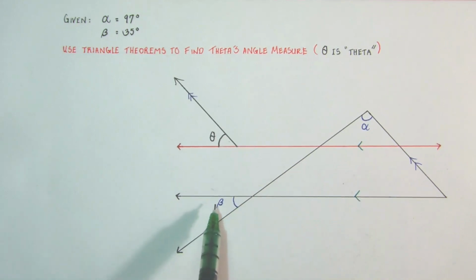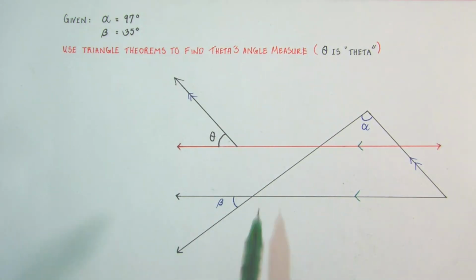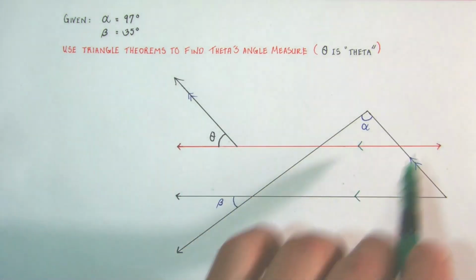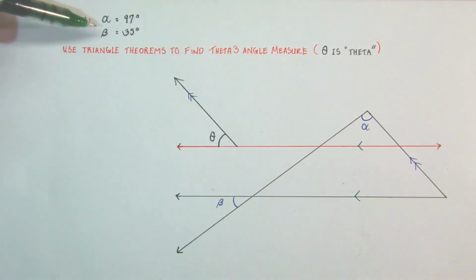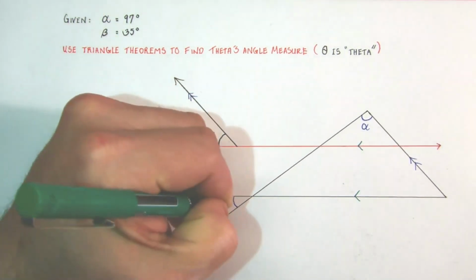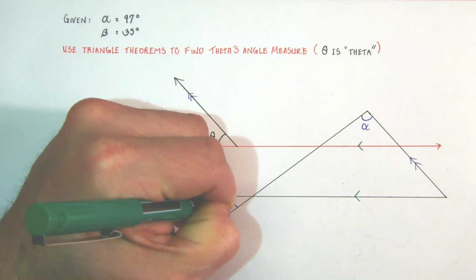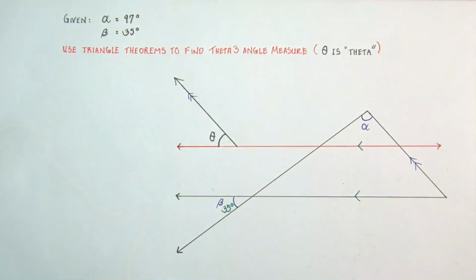I need beta first, and then I need to exploit a property that's visible right here to get into this triangle, okay? So what we need to do is put here beta is 35 degrees, and that was just given to us, all right?